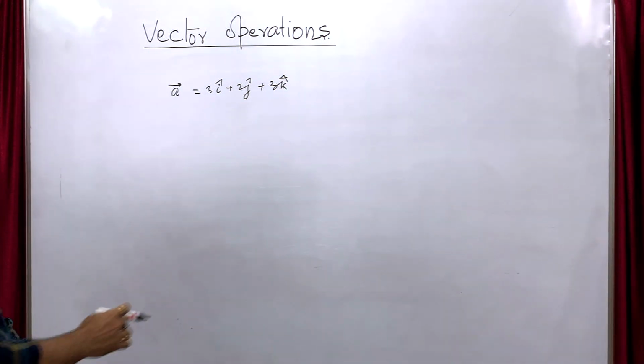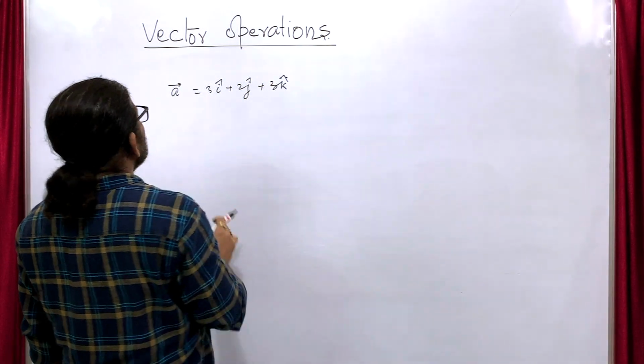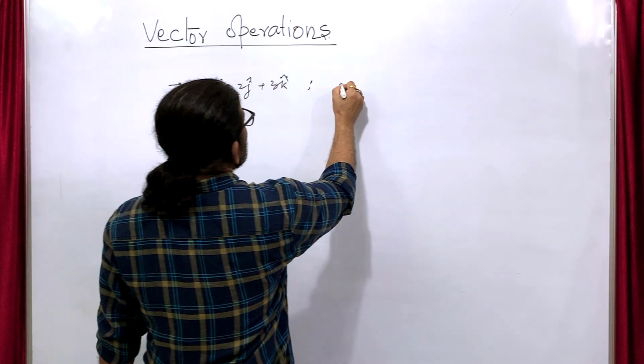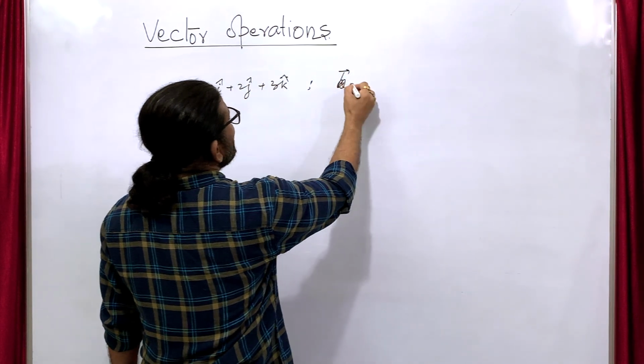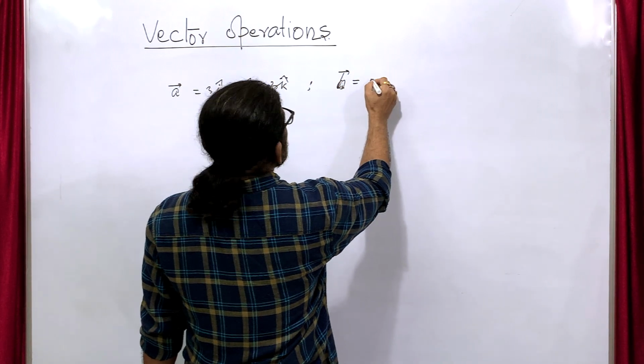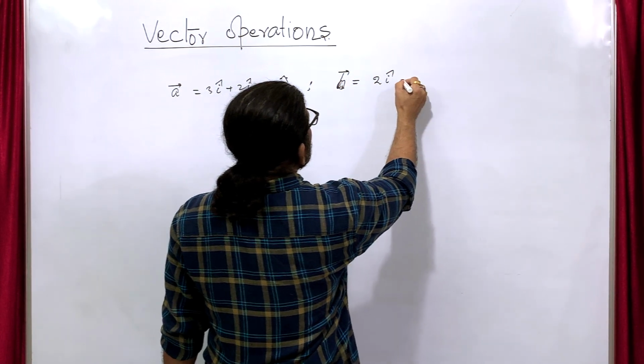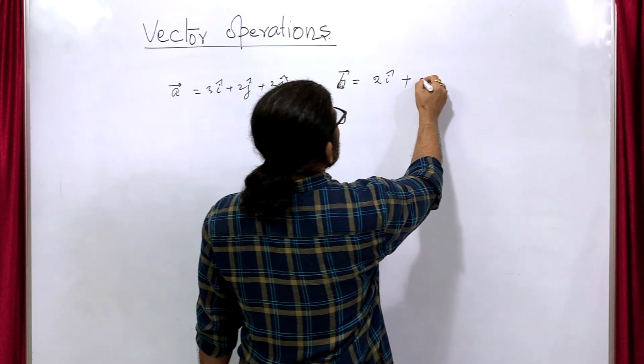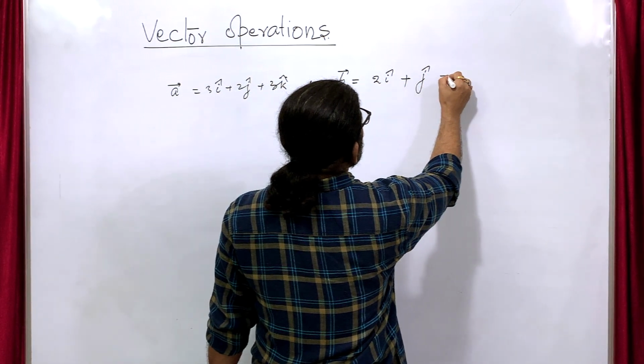Two vectors are given, A and suppose another vector B is given. This B vector is given as suppose 2i plus j minus k.